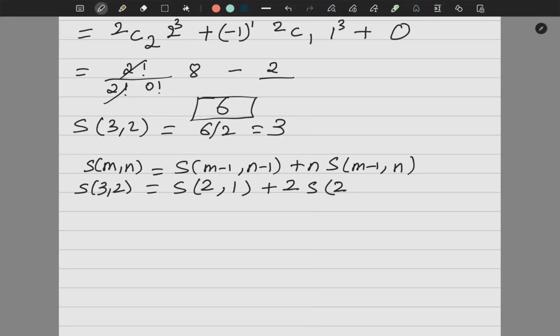Now what is the value of S(2, 1)? It is 1. What is the value of S(2, 2)? S(n, n) is also 1. So my answer becomes 3 from here. So whatever method you use, you will get the answer. The concept is very, very simple. I hope you understood this question. Now let us do one more question.